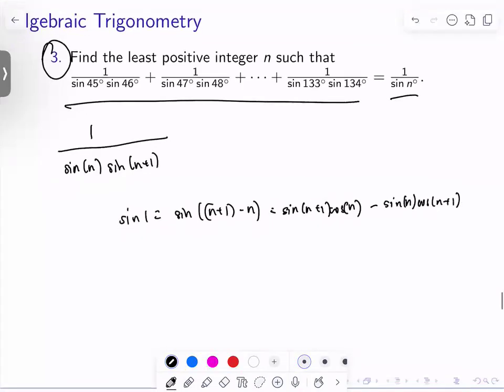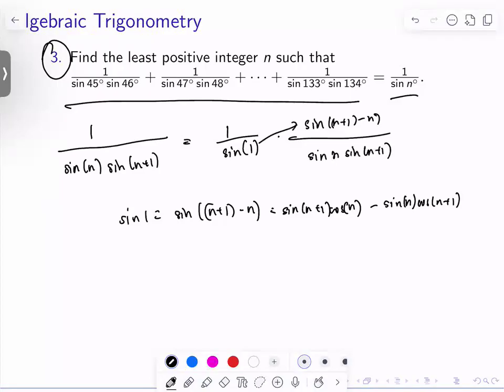And so you can rewrite this fraction as 1 over sine 1 times sine n plus 1 minus n, over sine n times sine n plus 1. So these values are the same.